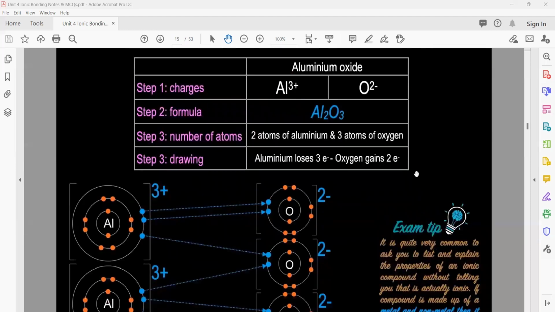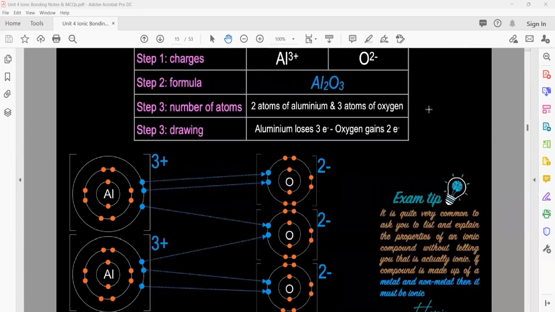For example, now see here, this is aluminium. It lost 3: 1, 2, 3. And here is the oxygen. We took 1 oxygen, so 2 came here. 1 is left, this one. Then you took another oxygen and gave 1 here. But oxygen needs 1 more. Then you took another aluminium and took 1 from here. Then 2 are left.